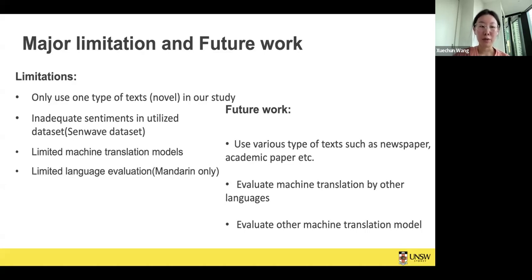So we also have limitations in the language evaluations. For future work, we could use various types of text, such as newspapers, academic papers, etc. We can also evaluate machine translation for other languages, and other machine translation models, such as Gemini or GPT models.